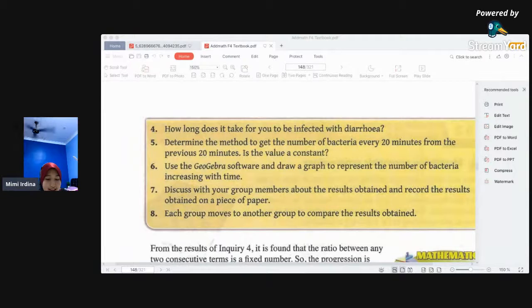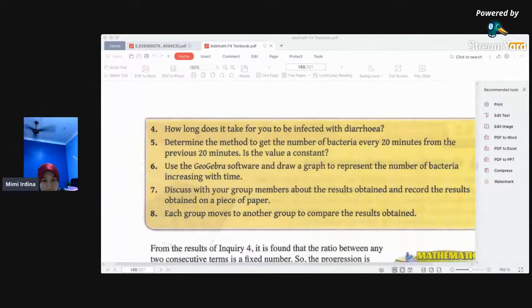So the solution is, we need to multiply 21 by 20. With that, we will get the duration, which is 7 hours for the bacteria to infect the human body.